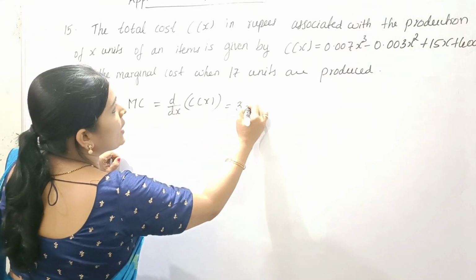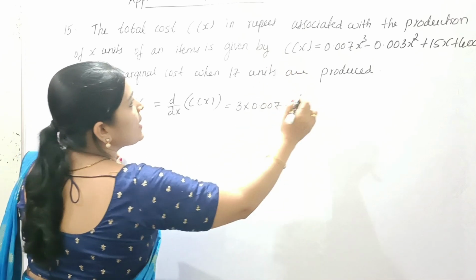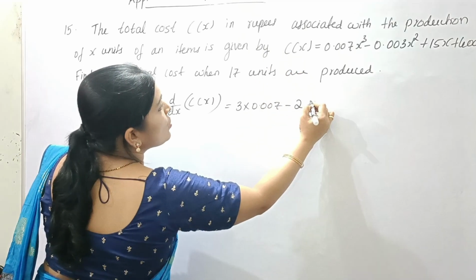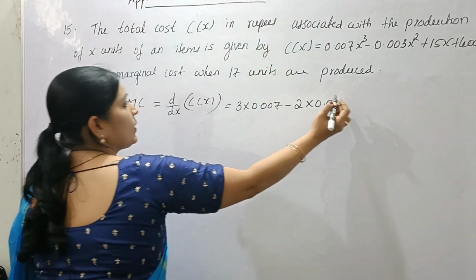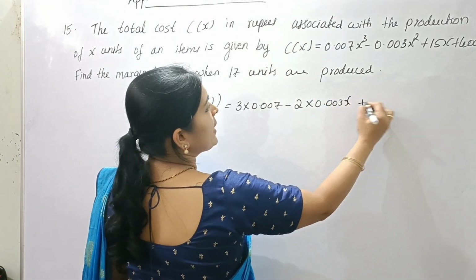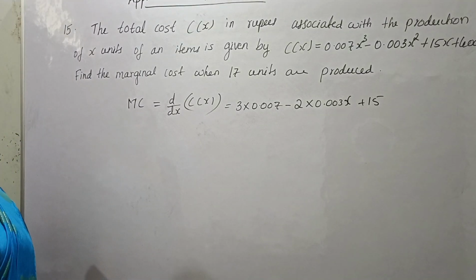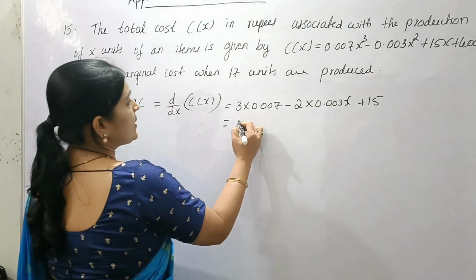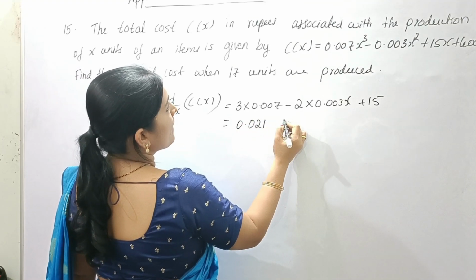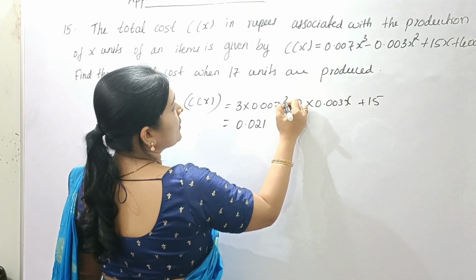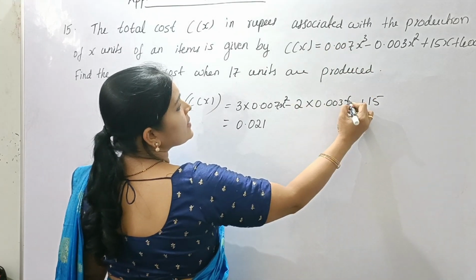That is 3 into 0.007 x², minus 2 into 0.003 x, plus 15. The derivative of 4000 is 0. So here we get 0.021 x², which is 3 into 0.007 x².